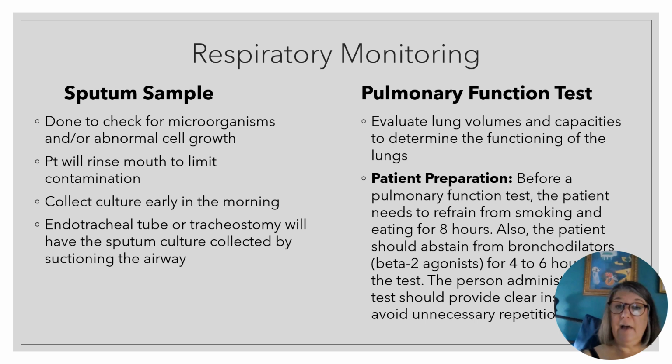So, the significance of abnormal values related to a pulmonary function test is discussed on page 23.7, and it just talks about different disease processes that can be going on. Patient preparation: this is kind of interesting for a pulmonary function test, and this is education that we would be providing. The patient needs to refrain from smoking and eating for 8 hours before the test. 8 hours before the test, no eating or smoking.